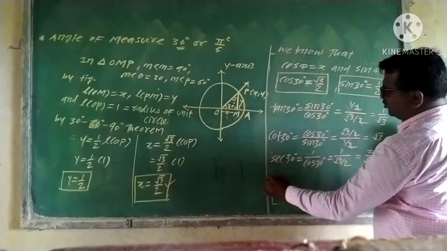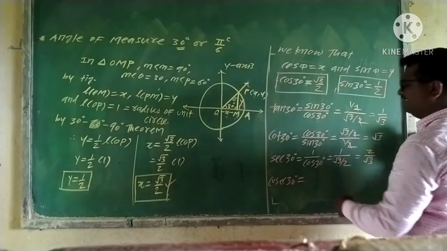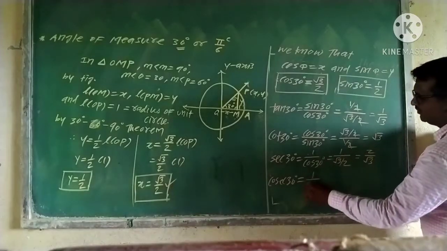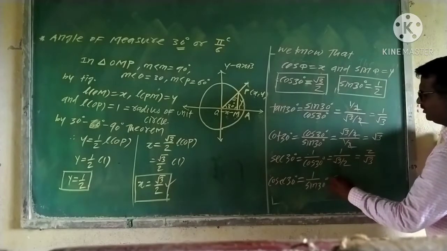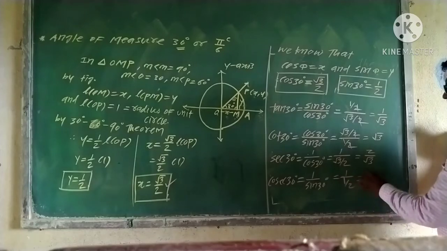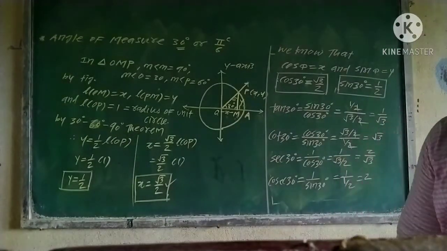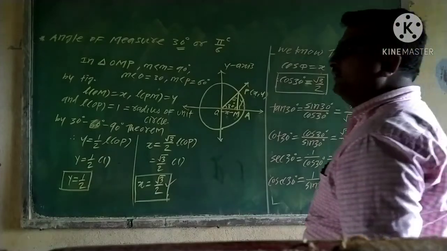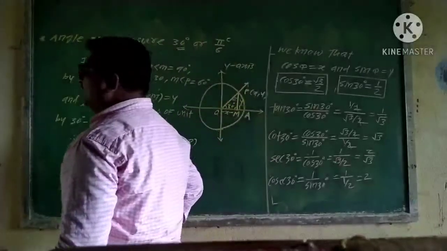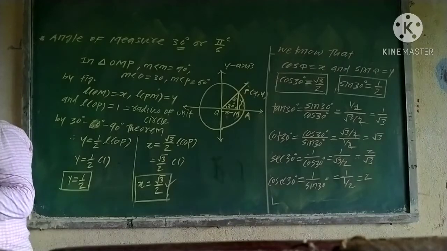And cosec of 30 equals 1 upon sin of 30, equals 1 upon 1 upon 2, that is equal to 2. These are the values of all trigonometric functions for the measurement of 30 degree.